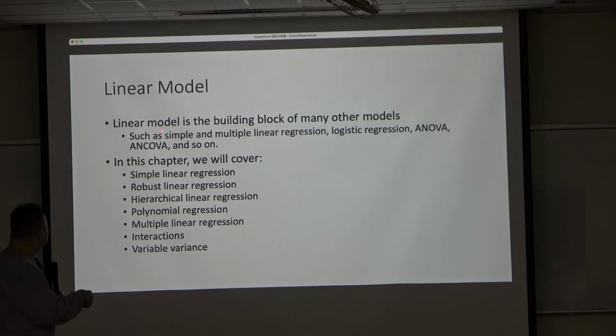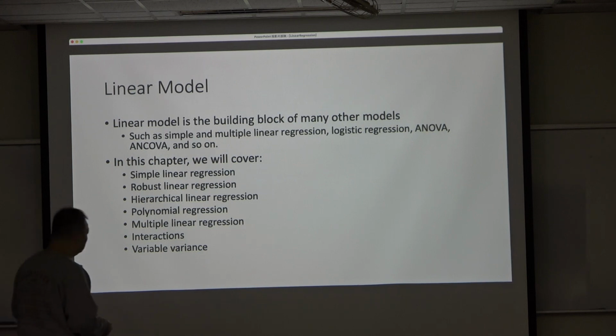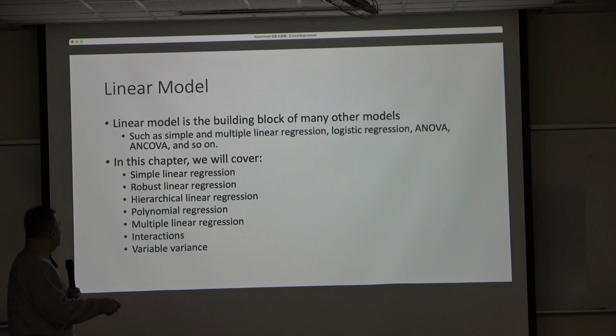So as you can see, it's a building block for many other models, such as multiple linear regression, logistic regression, which is sometimes also called logistic linear regression, and ANOVA, ANCOVA.